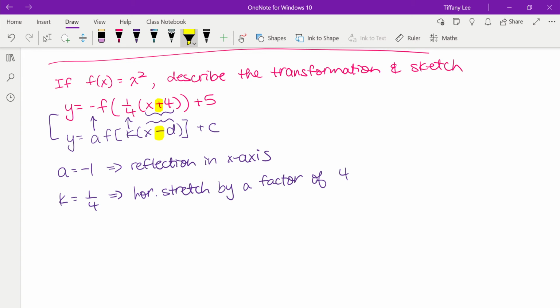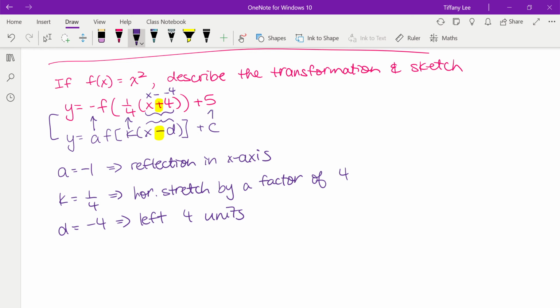Where did the plus come from? It must have meant that this is x minus negative 4. So therefore, your d value actually is negative 4. When d is a negative number, that means we're going to go to the left, a horizontal translation to the left, 4 units.